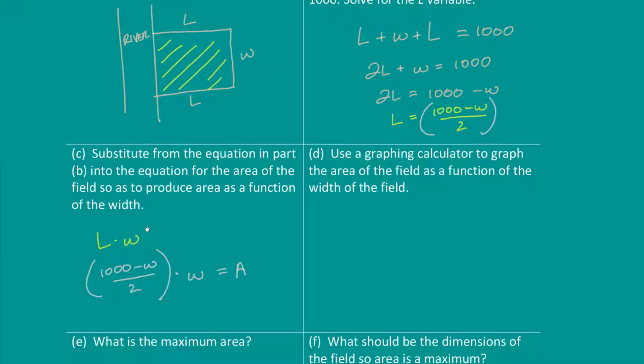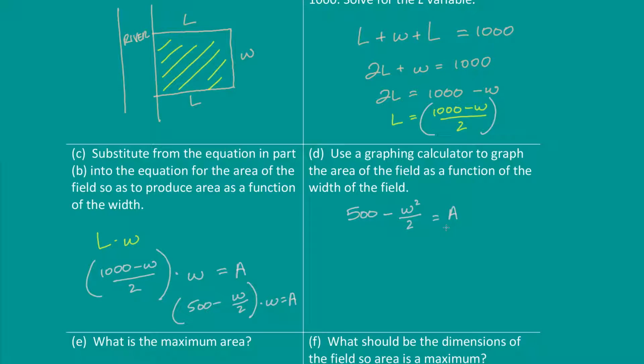And that's now our area in terms of one variable. Let's distribute this out a little bit. We know that 1,000 divided by 2 is 500. So we could even simplify this as (500 minus W over 2) times W equals area. If I distribute that out, that becomes 500W minus W squared over 2 equals our area.